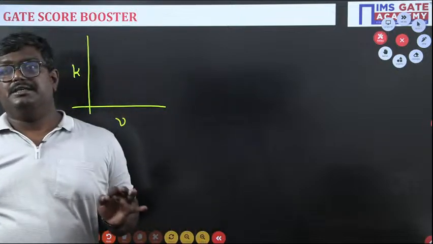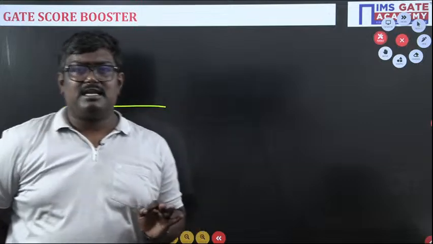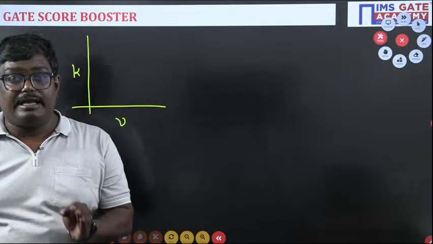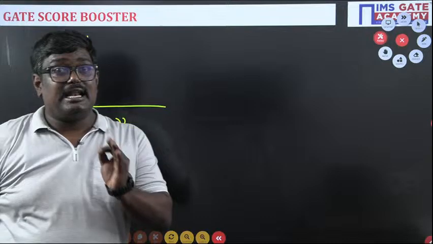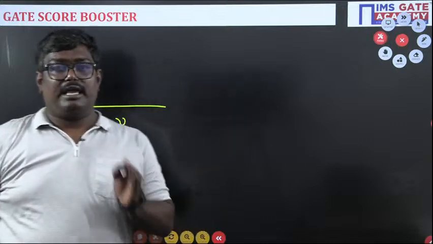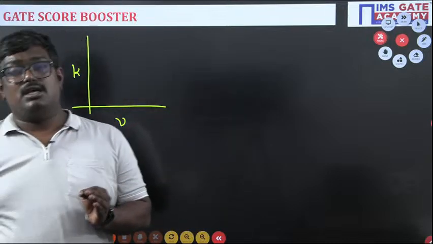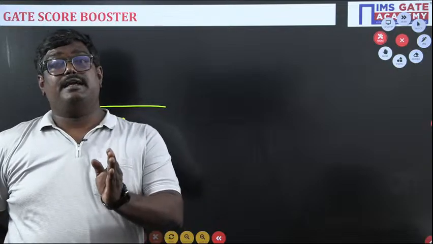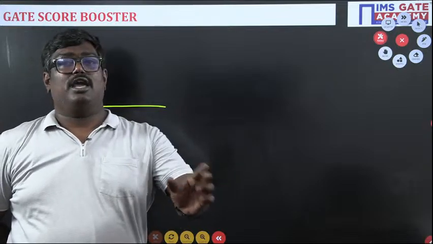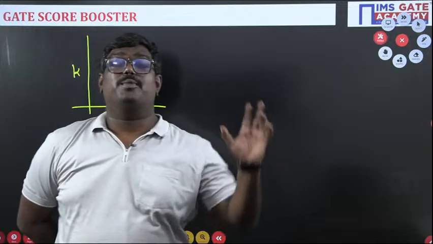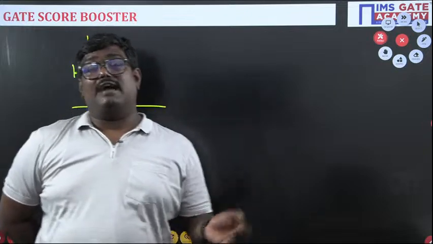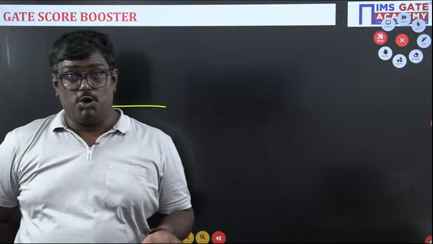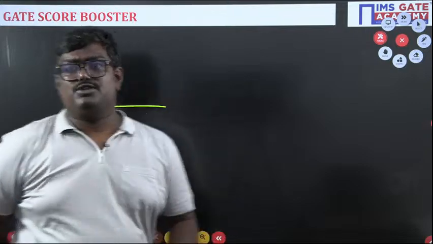Traffic density. It is the number of vehicles which are crossing a particular length, or the number of vehicles occupied in a unit length. So the traffic density is nothing but vehicles per kilometer. Velocity you know already.